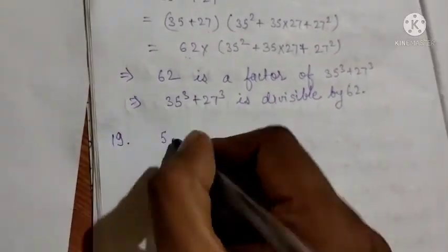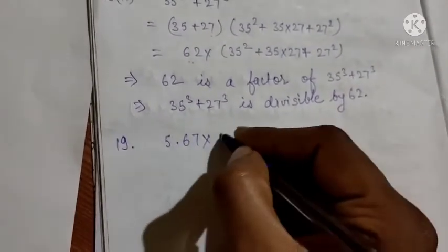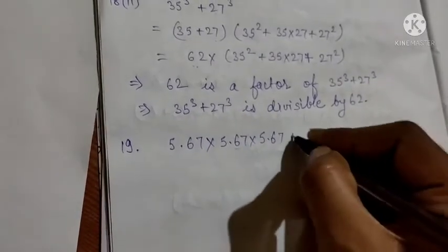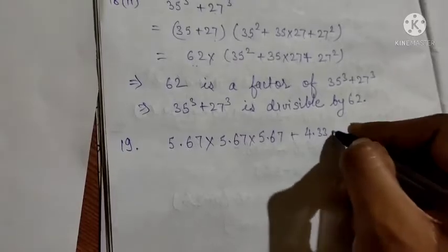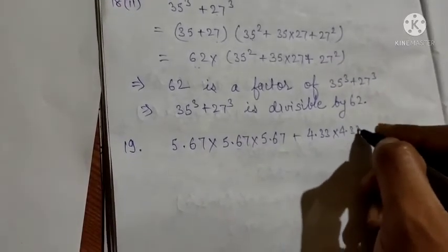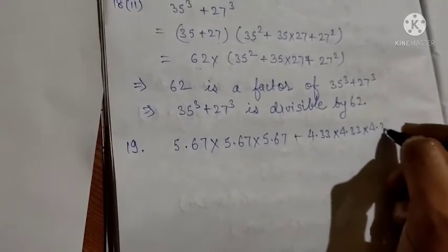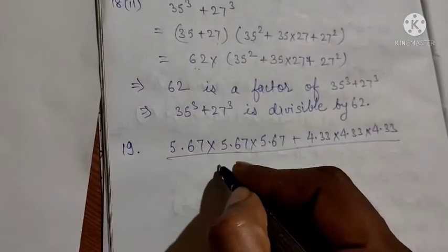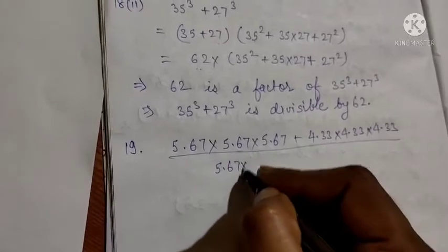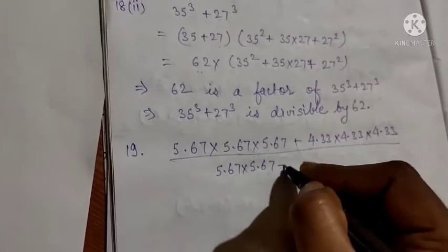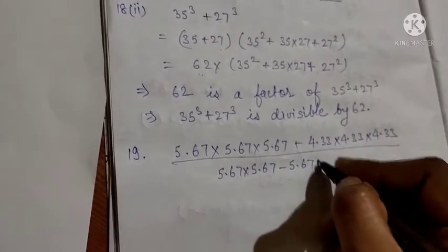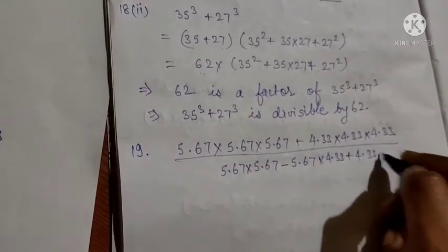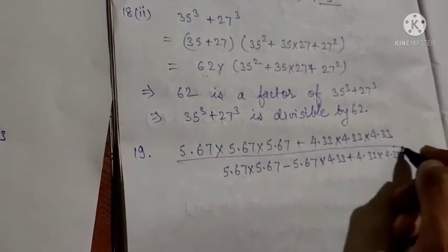Now question number 19. The question is (5.67 into 5.67 into 5.67 plus 4.33 into 4.33 into 4.33) divided by (5.67 into 5.67 minus 5.67 into 4.33 plus 4.33 into 4.33).